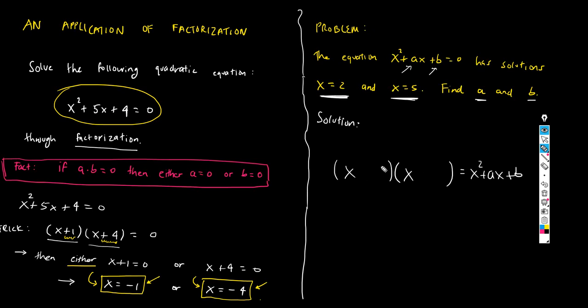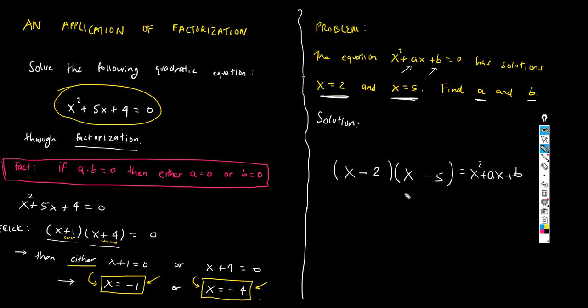So what terms must I put in here? I need to put minus 2 and minus 5, because if I do that, then this is a negative of this, and this is a negative of this, and the product of these two factors should give me the trinomial that I had in the first place.